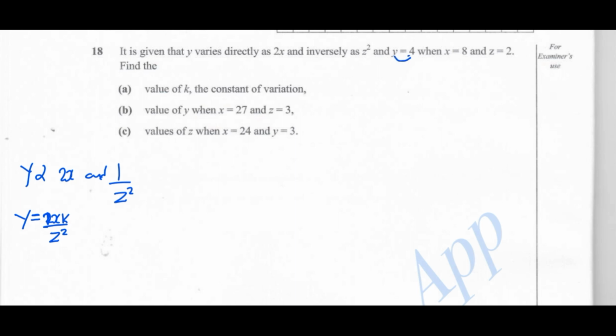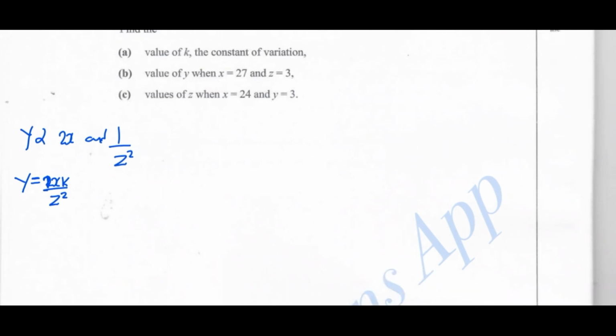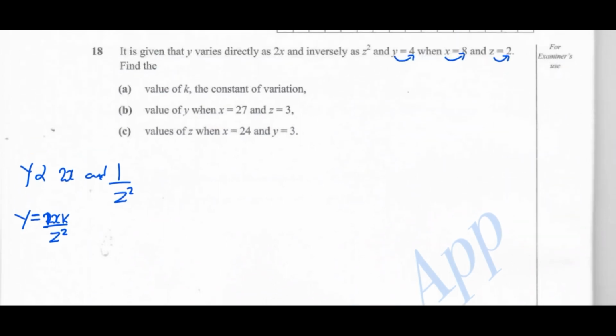So y is equal to 4, x is equal to 8, z is equal to 2. So let's do the substitution. Y we have is 4, x is 8, multiplied by k, over z squared, which is 2 squared. We cross multiply.